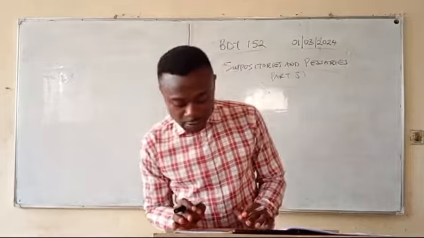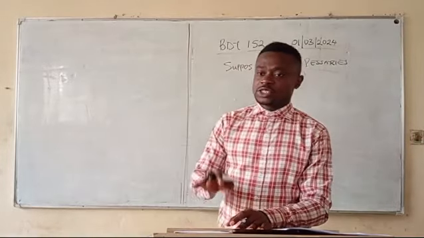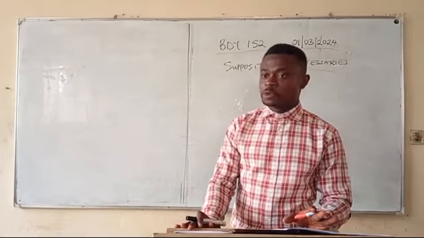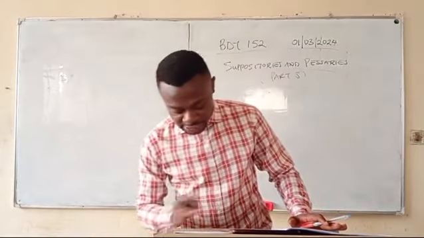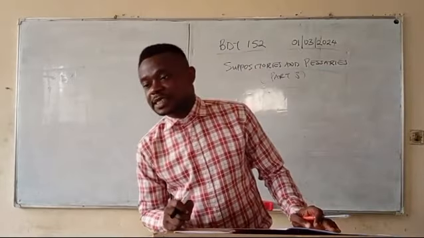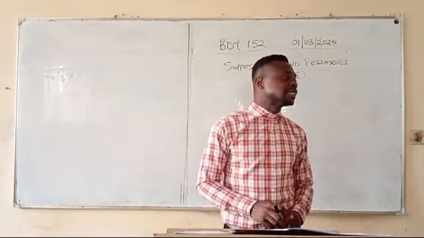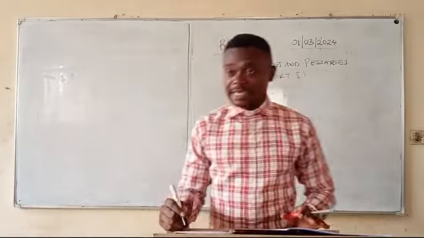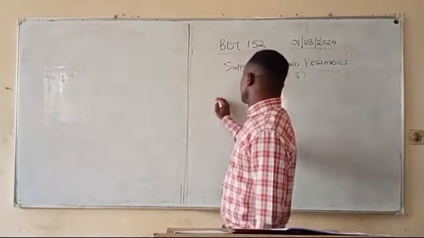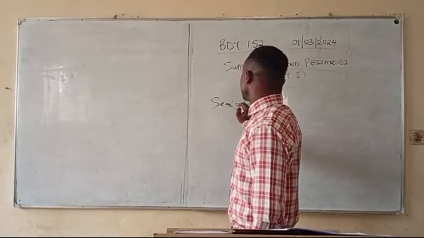Now, the same way, suppository bases, some of them are natural. Some are synthetic. While some are semi-synthetic. You can call them semi-synthetic or modified natural products. Please know that one.